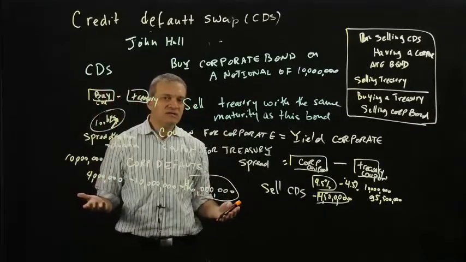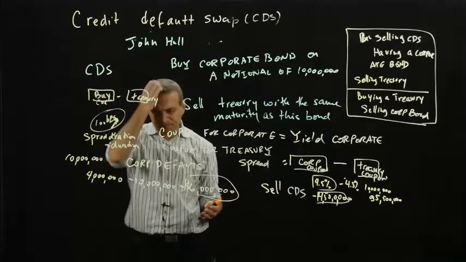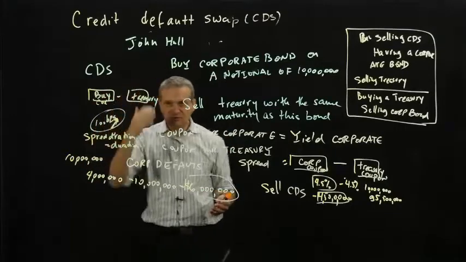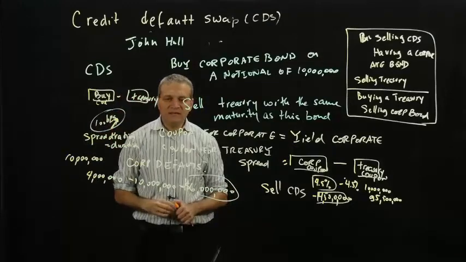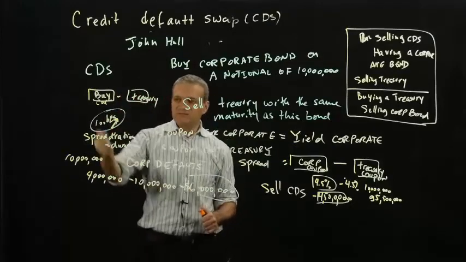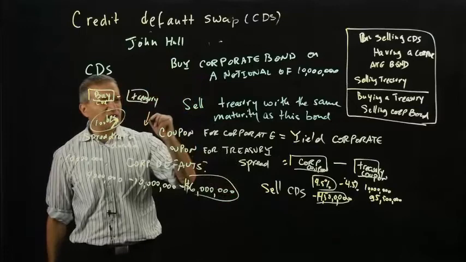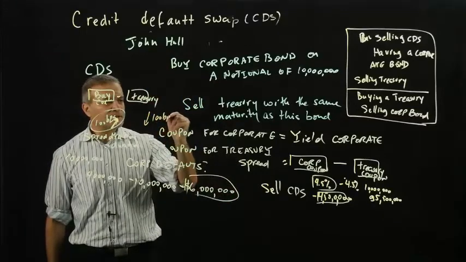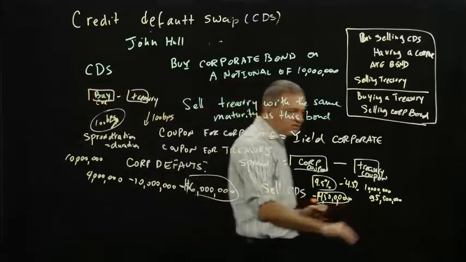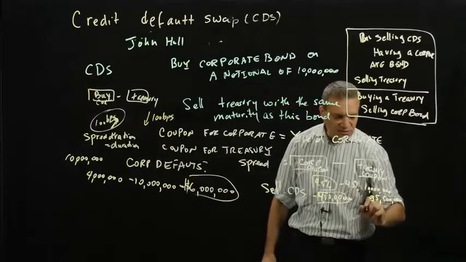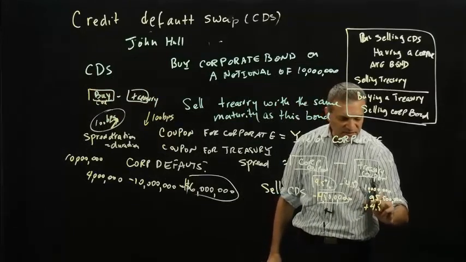You are actually going to lose money. Now, on the other hand, if the spread is tightening, it is going down, the same kind of calculation tells you that you are going to be up 4.5 million.